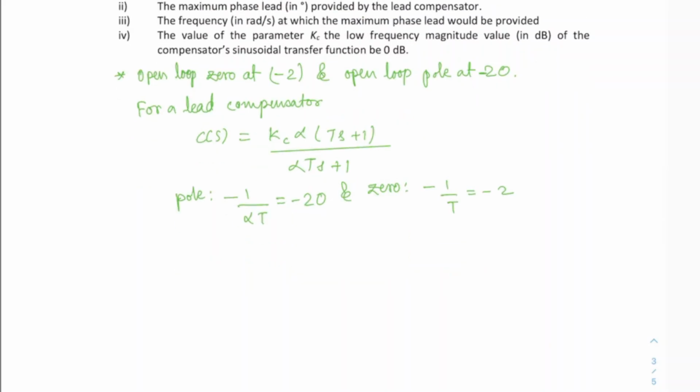So from here we can solve that the minus sign would get cancelled, and this would result into T equals 1 by 2 or 0.5.